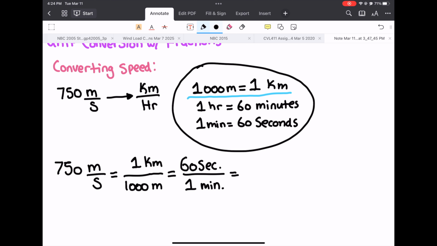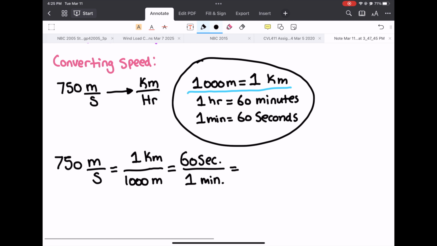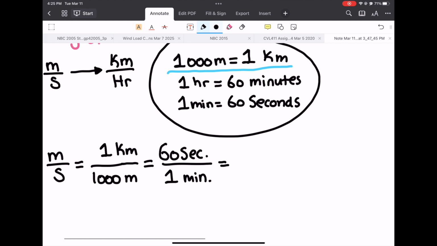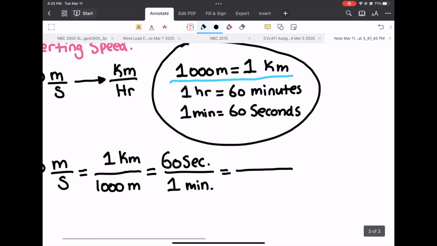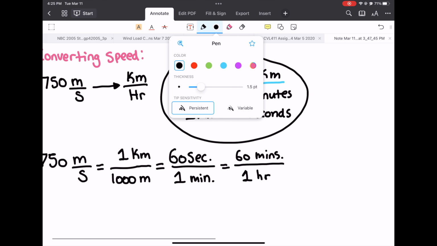And now we've taken care of the kilometers because we have it here, and we've taken care of the seconds because we put in 60 seconds equals a minute, but we're still not at kilometers per hour. So now we have to add in the hour part. We know that 60 minutes is 1 hour, so we're going to write that here.